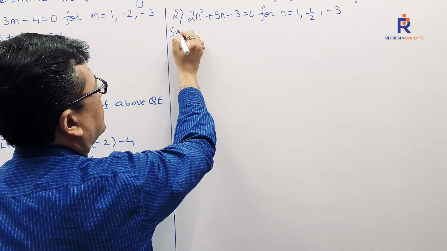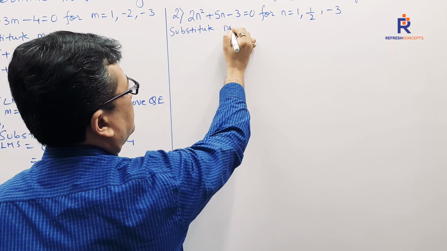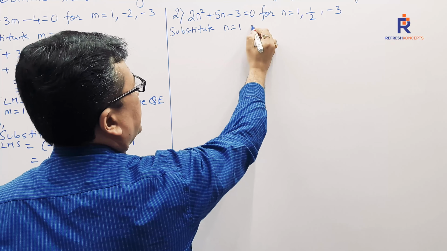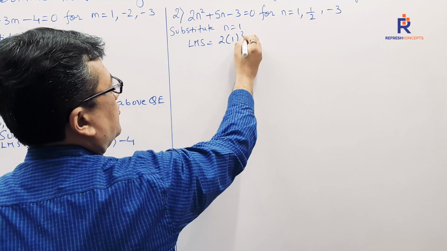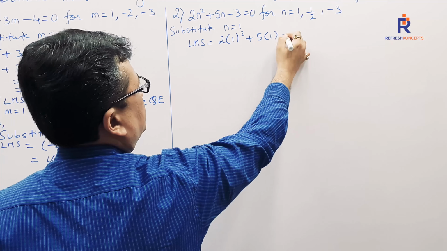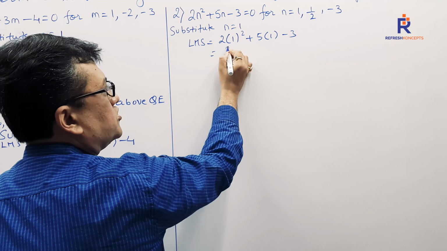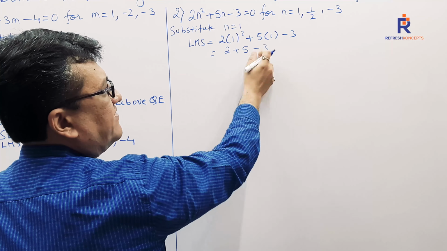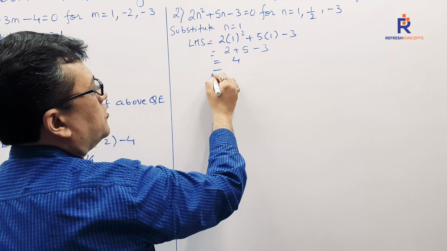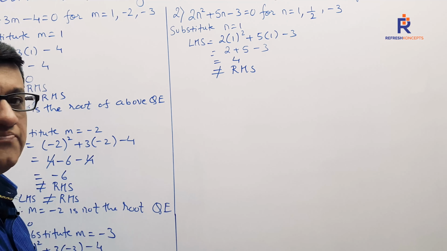So we shall say, first one, substitute n equals to 1 in the above quadratic equation. What is my LHS turning out to be? 2 into 1 square plus 5 into 1 minus 3. 1 square is 1, 1 into 2 is 2, 5 ones are 5, minus 3. 7 minus 3, answer is 4, which is not equal to my RHS, children, because my RHS is 0.